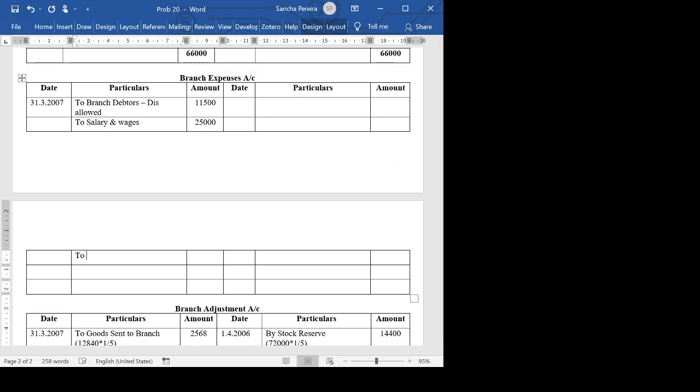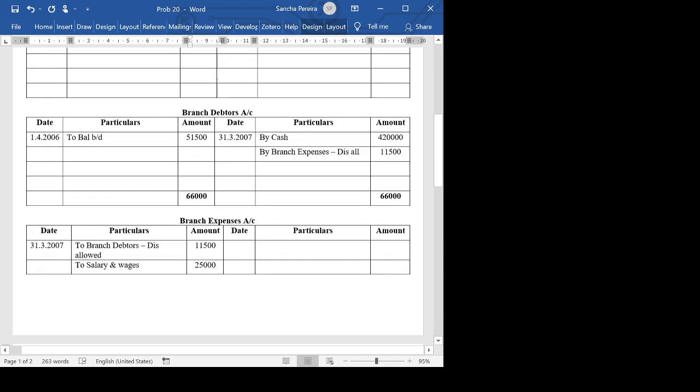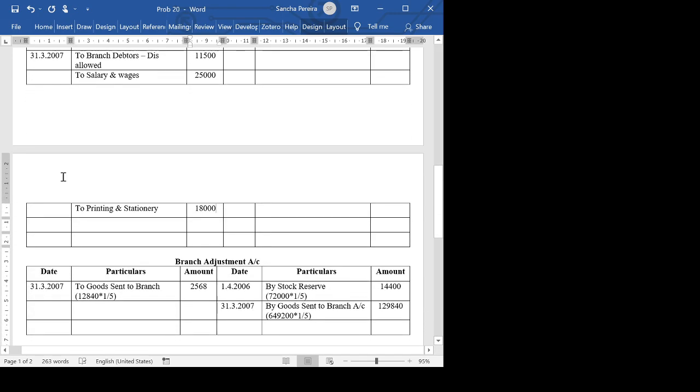To printing and stationery, 18,000. And there's still another one, insurance, 17,000.